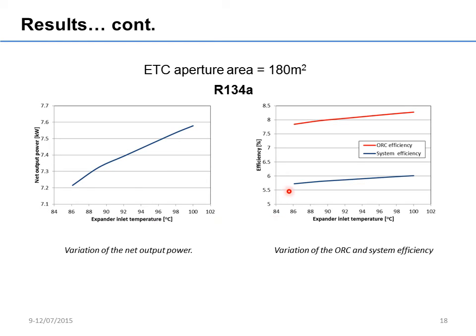On the other hand, both organic Rankine cycle efficiency and system efficiency increase with the increase of expander inlet temperature. So better performance has been obtained with the increase of the expander inlet temperature.